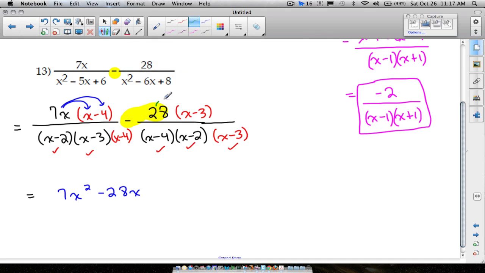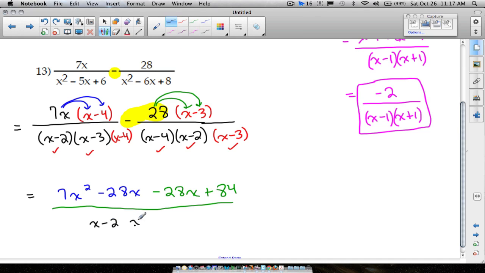So when we multiply negative 28 times x, that is minus 28x. Negative 28 times a negative 3, 28 times 3, we get a positive 84. Be careful there. Negative times a negative gives you a positive 84. And this is all over x minus 2, x minus 3, x minus 4. I don't care about the order of those since they're all binomials.